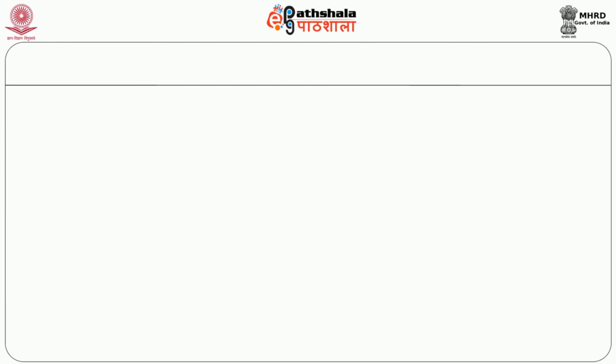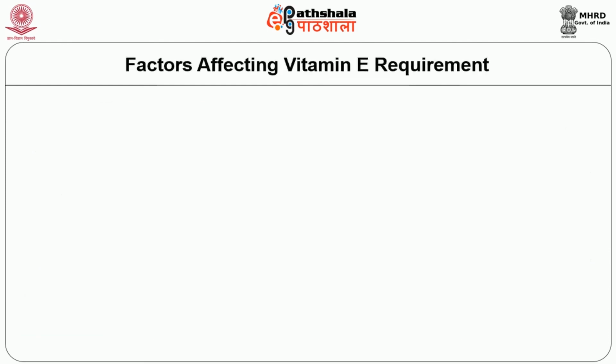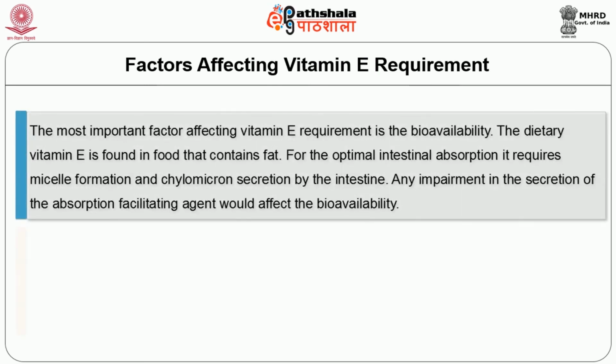Now let us learn about the factors that will affect vitamin E requirement. The most important factor affecting vitamin E requirement is the bioavailability. The dietary vitamin E is found in food that contains fat. For the optimal intestinal absorption, it requires micelle formation and chylomicron secretion by the intestine. Any impairment in the secretion of the absorption facilitating agent would affect the bioavailability.